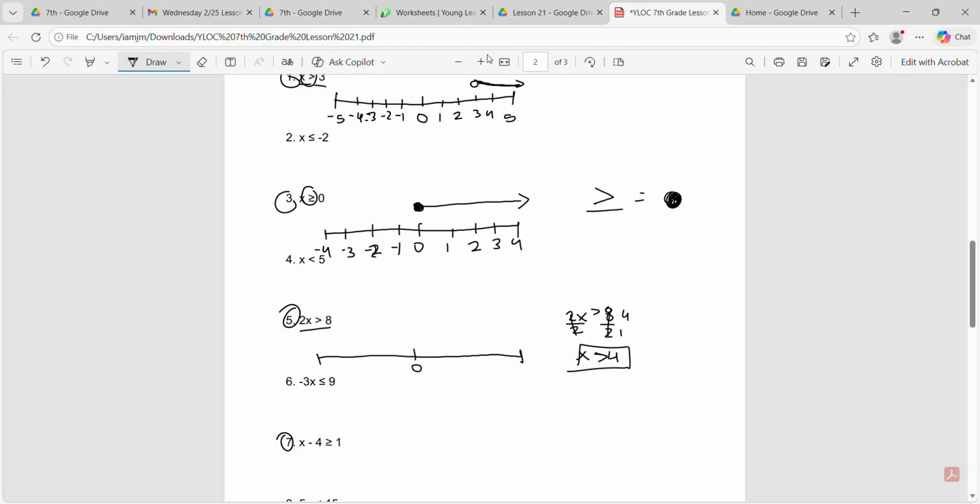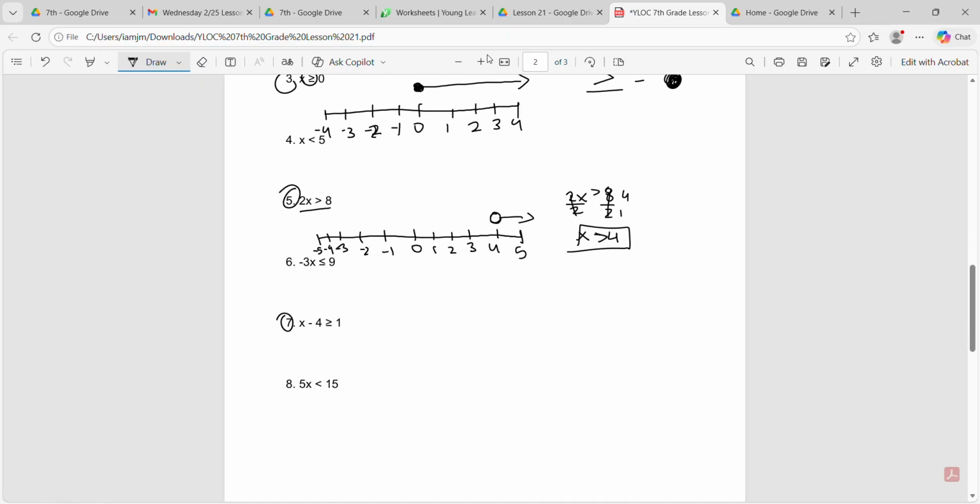Put 0, negative 5, negative 4, negative 3, negative 2, negative 1, 0, 1, 2, 3, 4, 5. Open circle at 4. X is greater than 4, so this way.